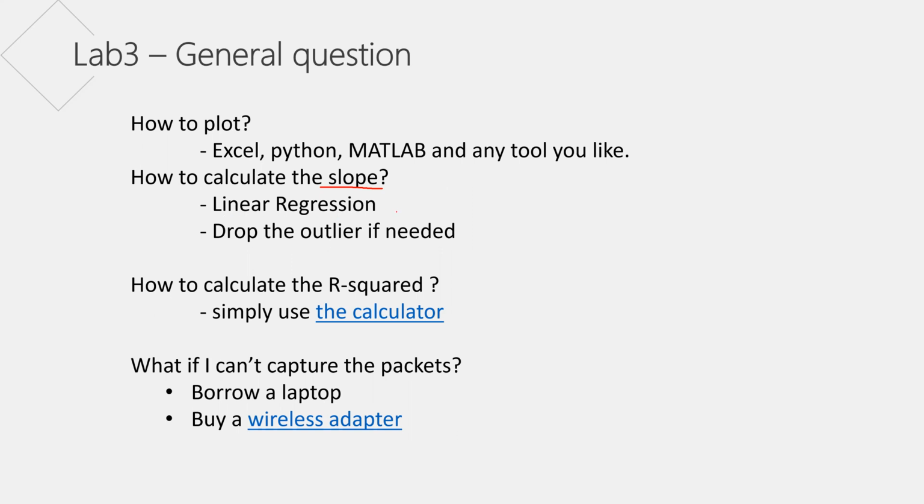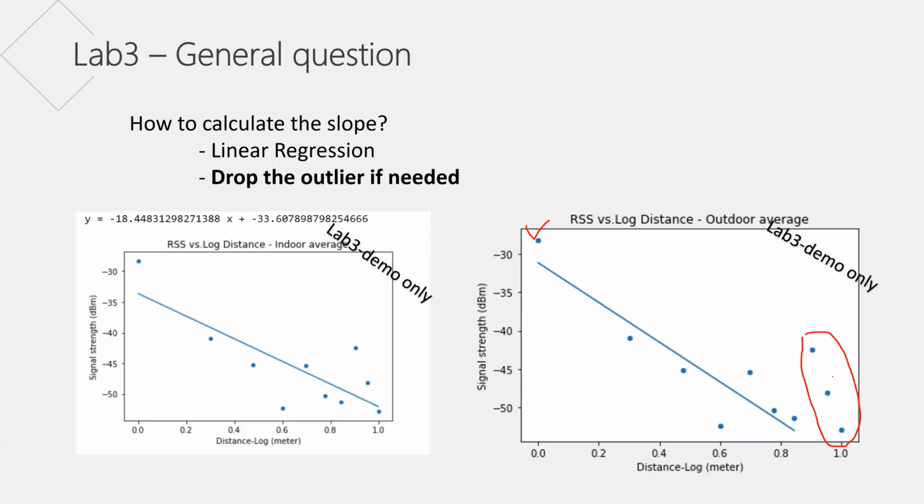There are lots of libraries in these tools which can help you solve this problem. Before you do the regression, just make sure you drop all the outliers, as I do here. Just drop these 3 because we consider them outliers.